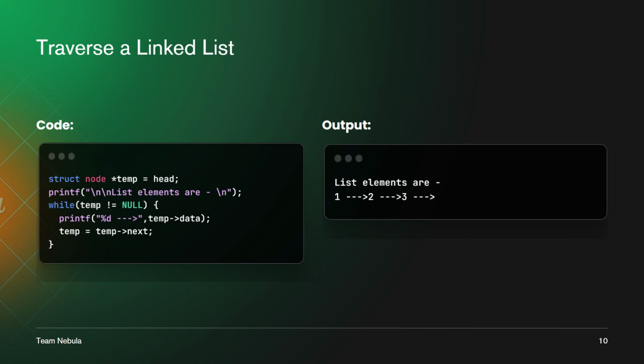The loop continues until the end of the linked list is reached. Here, temp is like a passenger who walks through each station, and when temp becomes null, our journey is completed. So, if your linked list has the numbers 1, 2 and 3, this code will display an output like this. And that's how we are traversing a linked list to see all its content.